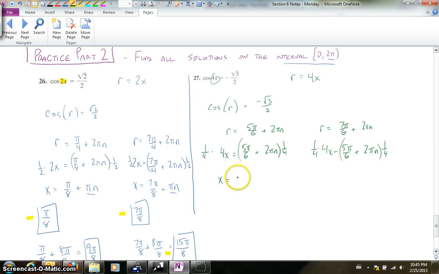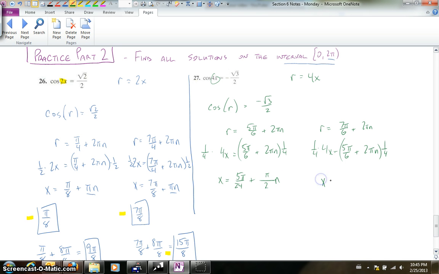And we're left with x equals 5 pi 24ths plus 2 pi n over 4. The 2 and the 4 could reduce to 1/2, so really we've got just pi halves times n. I'll write the n out as a variable after a coefficient there.